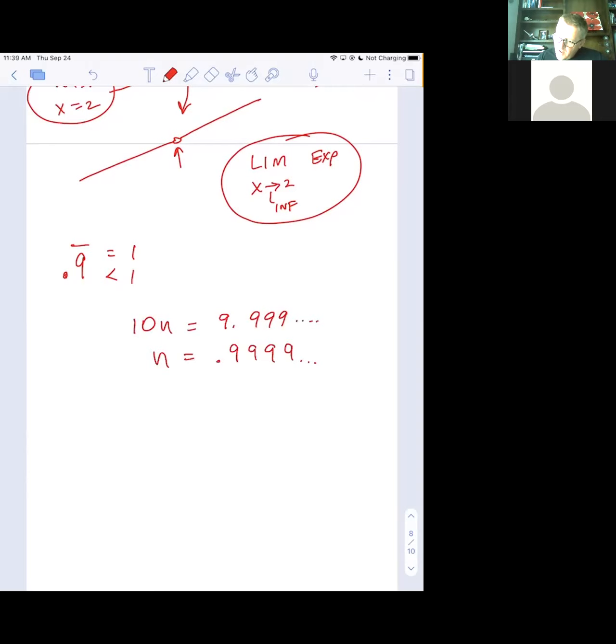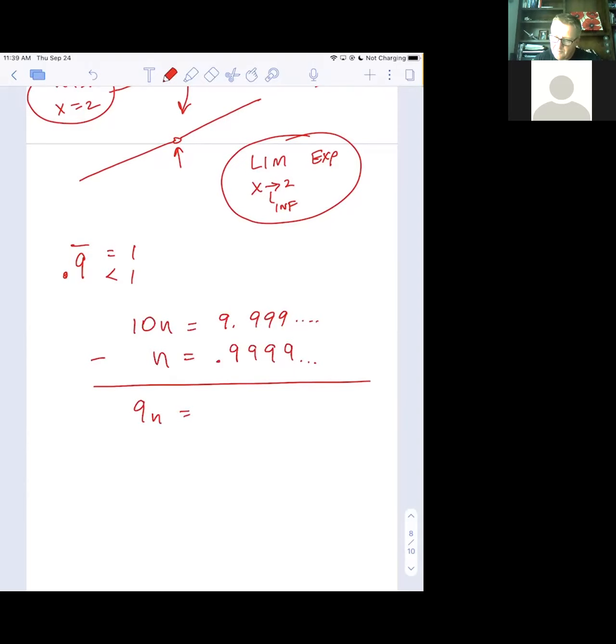Now that I do that, the question is, and here's where the algebra is cool. If I take these two equations that I made, one made from the other, and I subtract them, 10 n's minus 1 n is not 10. 10 oranges minus 1 orange is 9 oranges. The interesting thing is what happens on the other side.